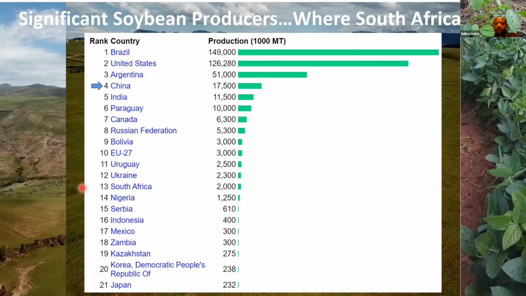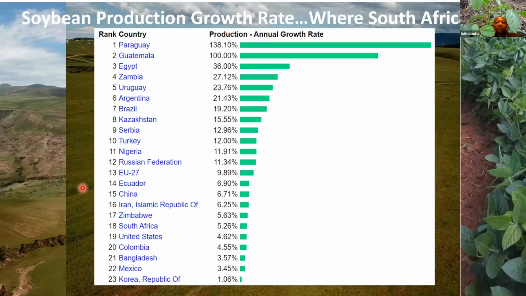And if one looks at the growth rate of soy production globally, this speaks to the fact that there is potential for growth of soybean production across the world, except in countries where this has been saturated, of course.